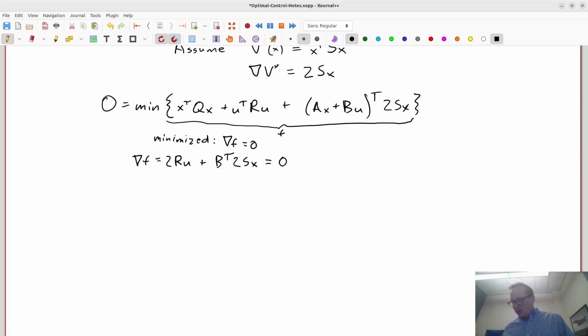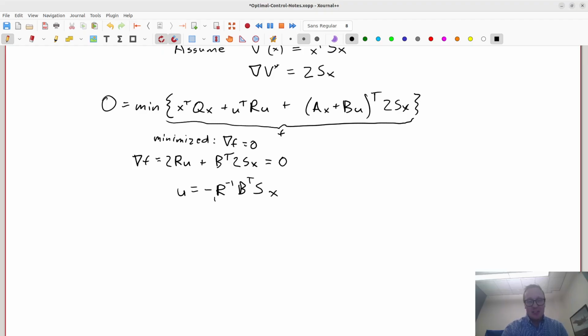And when we solve this, we can just solve for u now, and this is going to be the u that minimizes it. We get that u equals negative R inverse B transpose S x. Okay, so we're done. This is the form of the optimal policy.